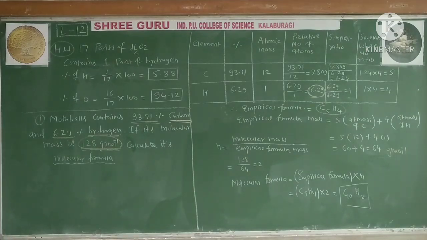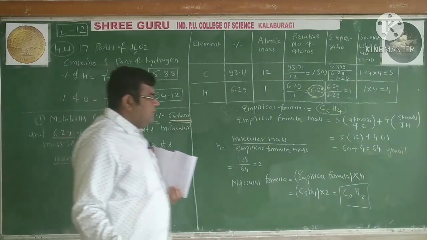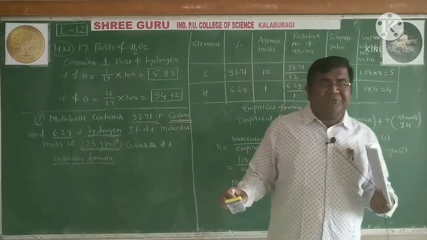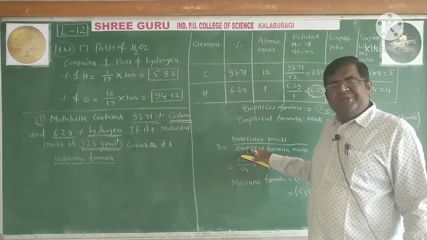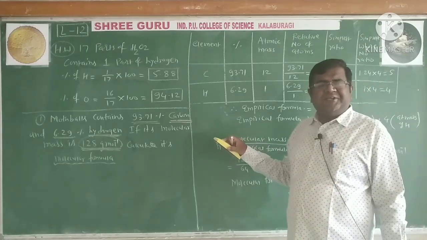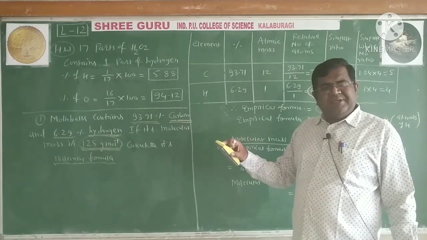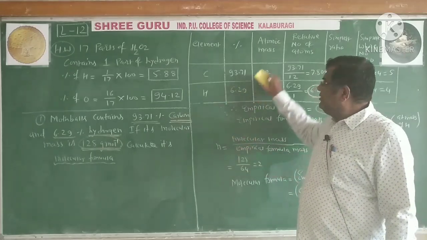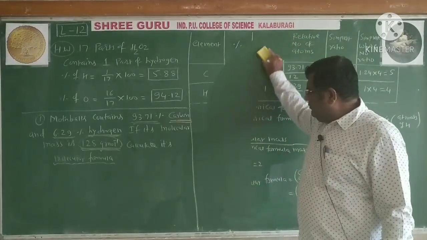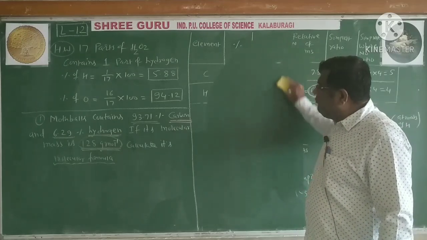Now there is one more way to solve this question, but in theory examination you solve by this method only, because in theory examination the question paper center has given one specific key, and in the key these steps are to be followed. But in MCQs we can have a shortcut method.